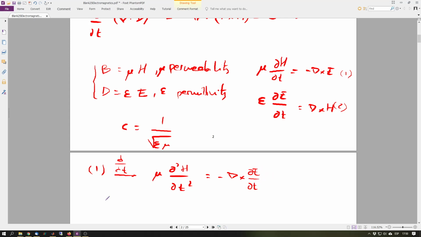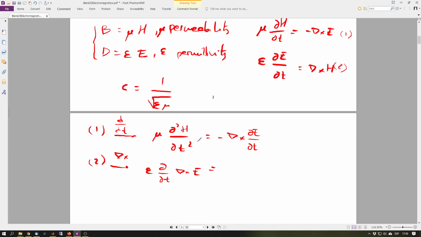On the other hand, if we do the rotational of the second equation, we have epsilon times the time derivative of the rotational of the electric field.